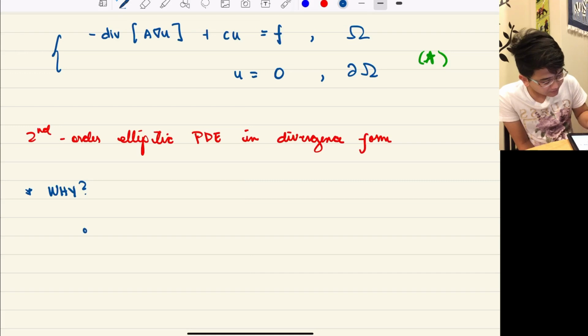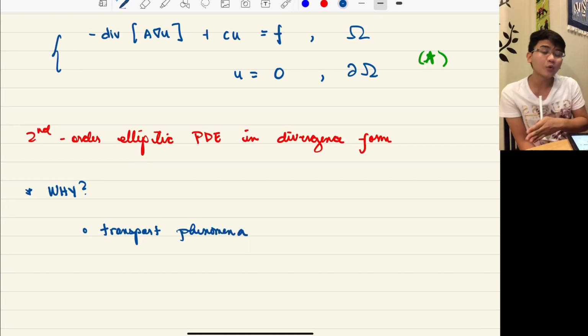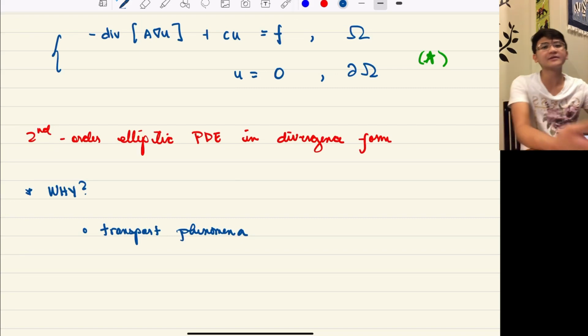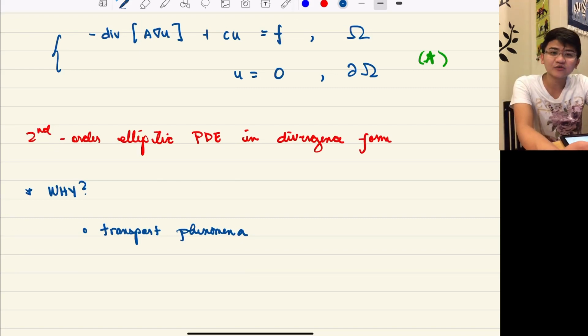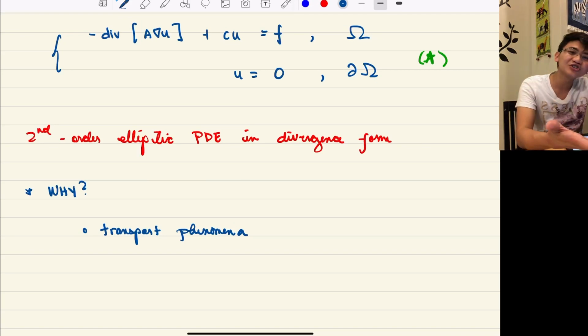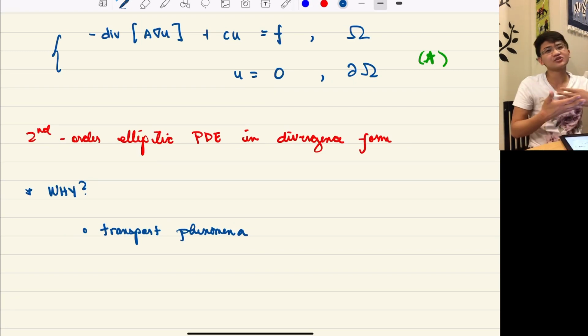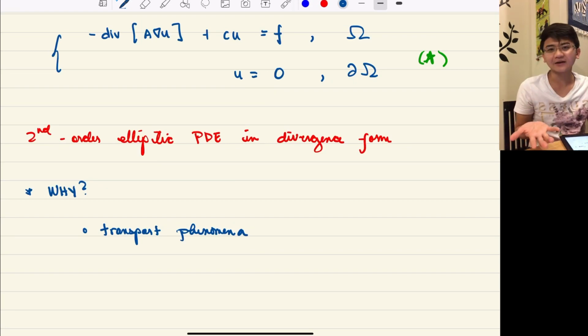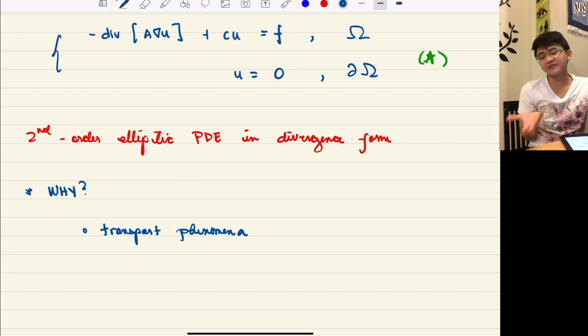Firstly, I'm going to say that this PDE appears a lot in transport phenomena. This looks into the transfer of some quantity in some medium. This comes up in physics, chemistry, or chemical engineering. You want to look into how energy is being transferred in some material, which could influence a material's temperature.